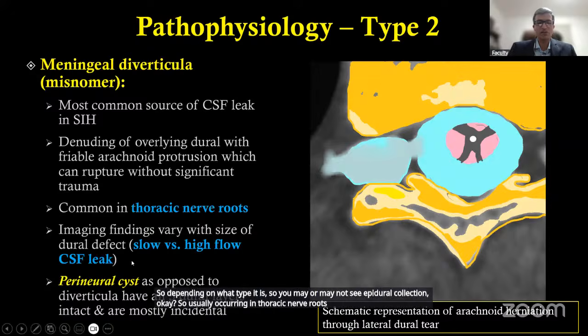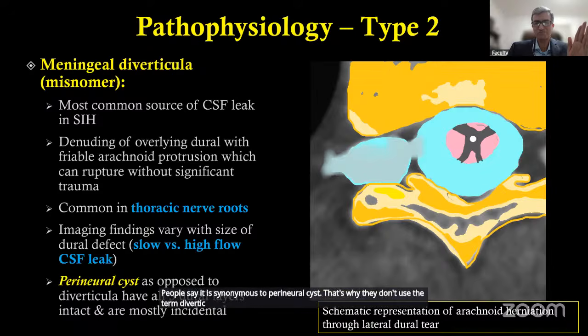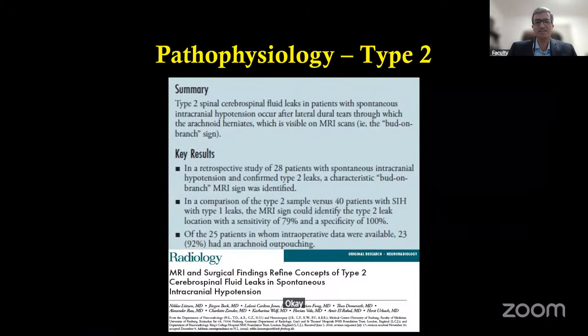And remember, the perineural cysts are different from these arachnoid herniations. So the diverticula, people say it is synonymous to perineural cysts. That's why they don't use the term diverticula anymore. Okay, so this is that article which was published in Journal of Radiology.